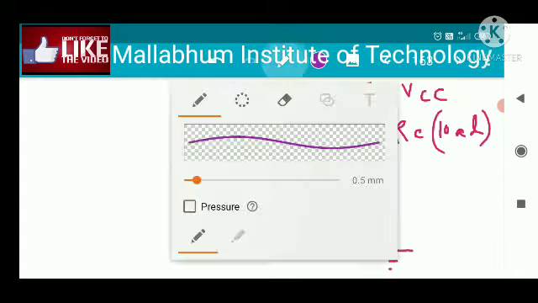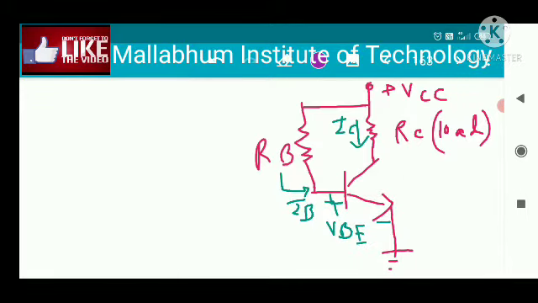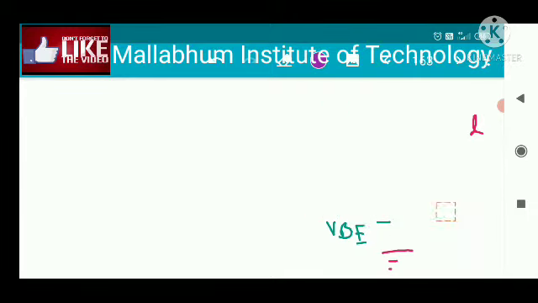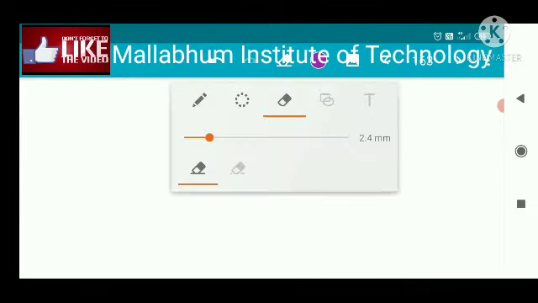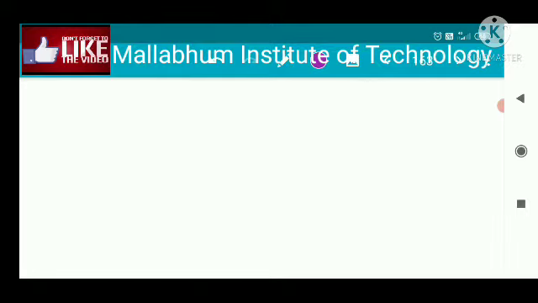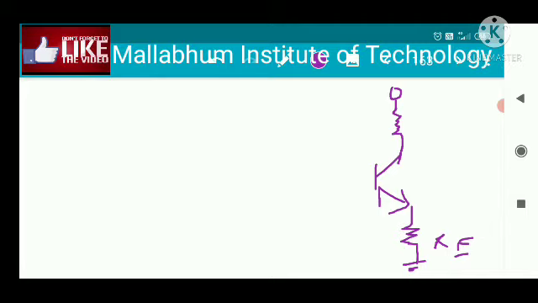1 minute, I am just redrawing the circuit. This circuit is not okay. So the collector to base bias circuit is something like this. This is your emitter resistance RE, and this is your again VCC, and this is your RC, and across this, from here we have connected a resistance.